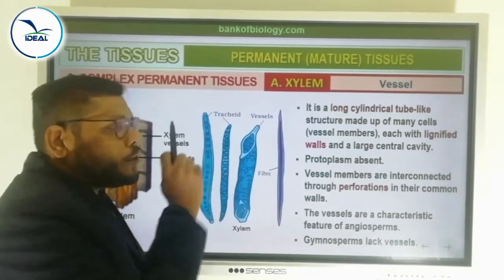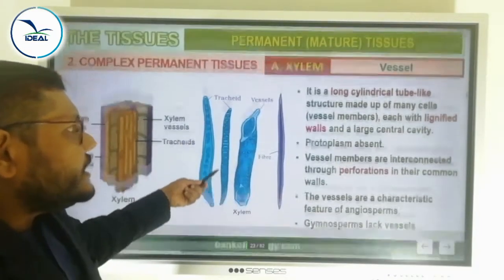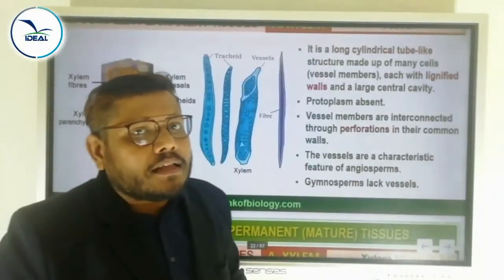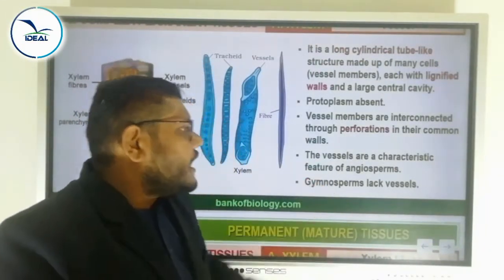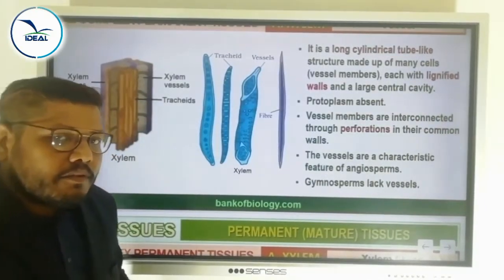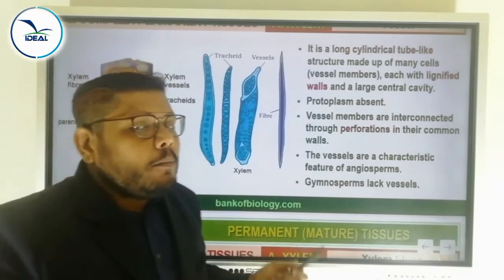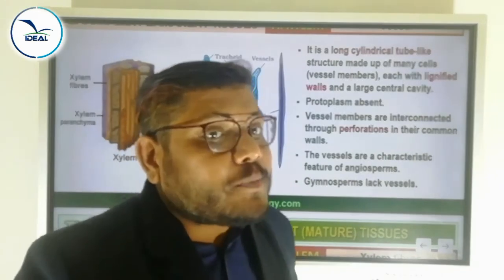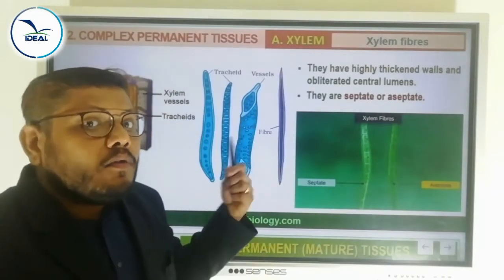Here also protoplasm is absent. Is it clear? Vessels are the characteristic feature of all angiospermic plants, but these vessels are absent in gymnosperm plants.